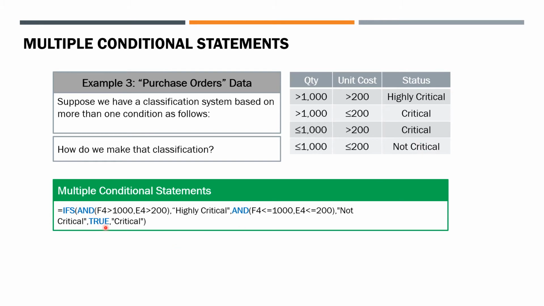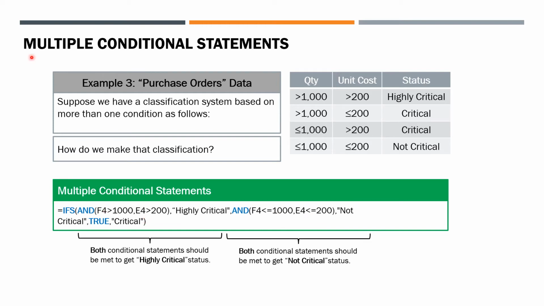And after that, we write TRUE here, and the rest of the condition that doesn't fulfill these two first criteria is considered as critical. Alright, the remaining condition is the critical. I will show you how to do it in Microsoft Excel.